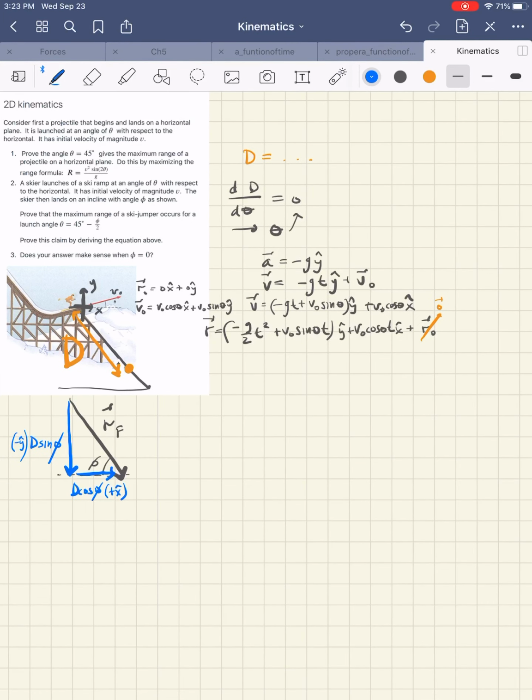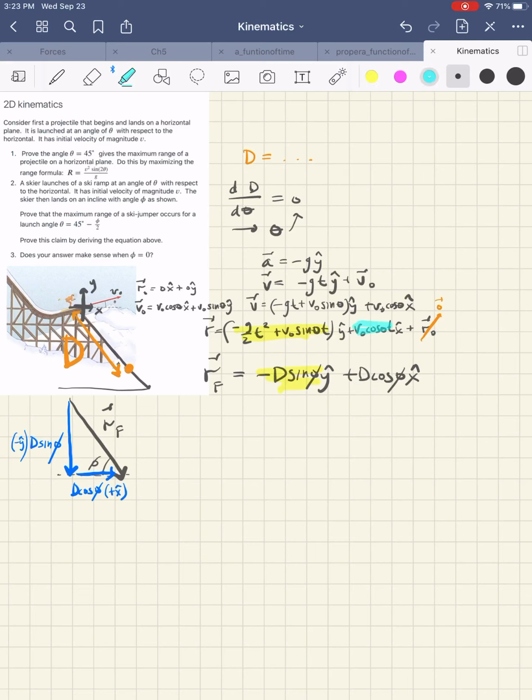So all I have to do is write that out. r final equals, in the y, minus d sine phi y hat plus d cosine phi x hat. And so what I'm saying at this point is, well, this is my y function, at the final time it's equal to this.